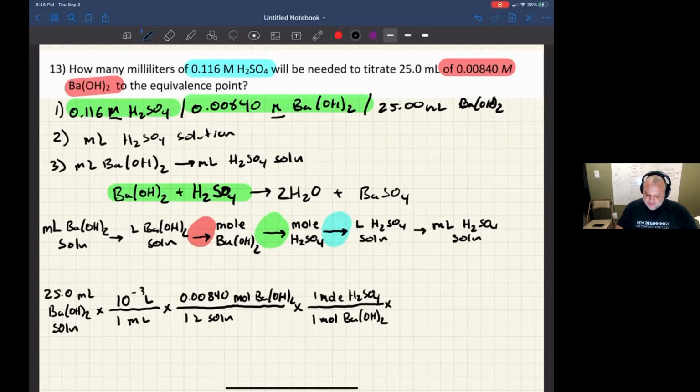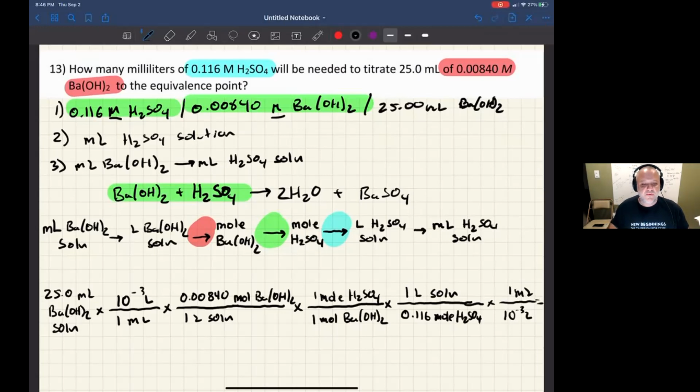Now, in order to convert that to liters of H2SO4 solution, 1 liter of solution has 0.116 mole H2SO4. And then finally, to get to milliliters, I know that 10 to the minus 3 liters is 1 milliliter. And that gives me the full step-by-step stoichiometric analysis.